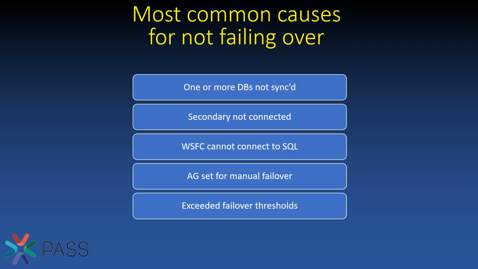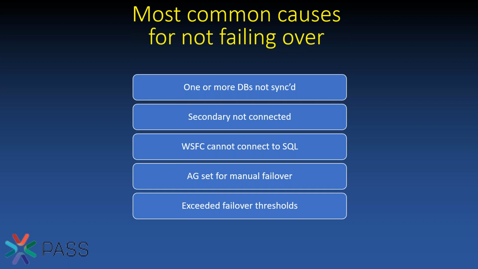There are specific failure and retry counts that OS cluster resources have, and if they're exceeded, the cluster basically just goes to sleep. And so you have to be aware of those as well, and you may have to tweak those configuration settings.